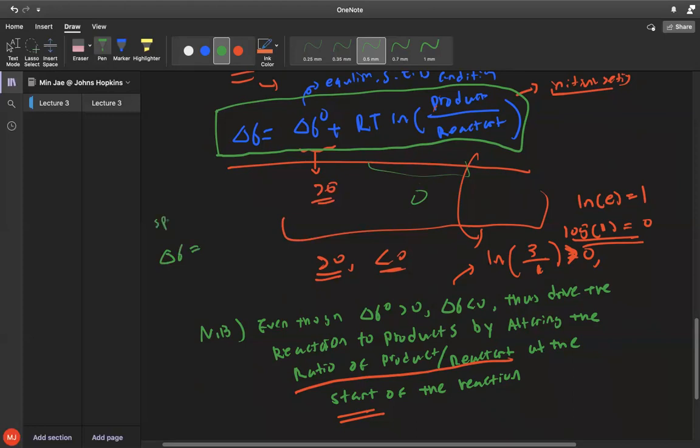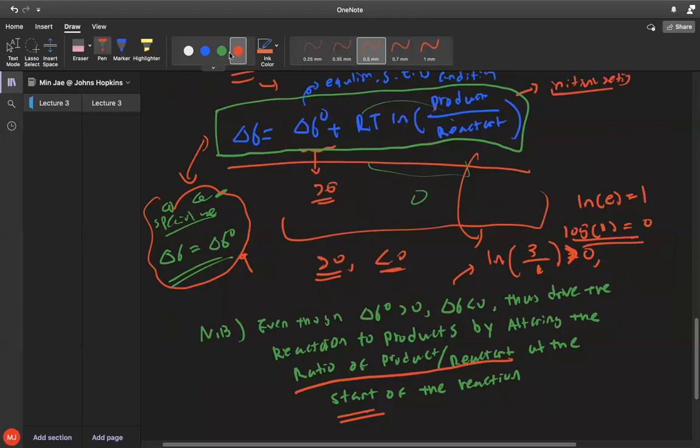This is a special case: when the concentrations of product and reactant are equal, the log term becomes 0. It's a really important concept to remember, because I've seen some professors try to trip people up by asking about it. So don't forget this little trick or special case.